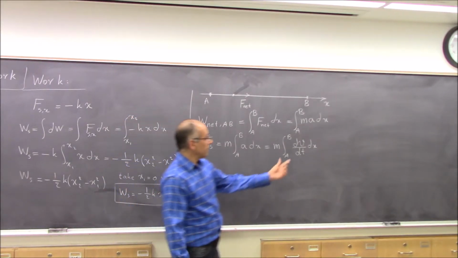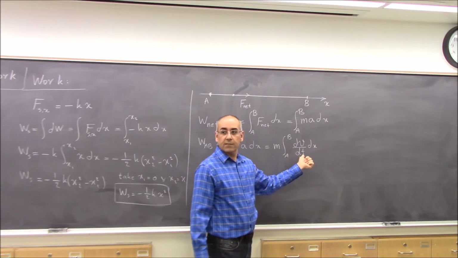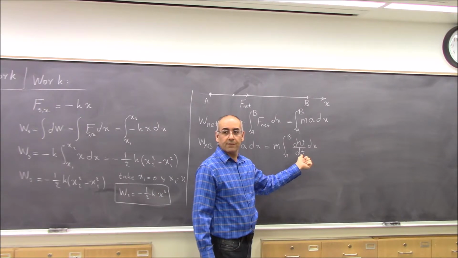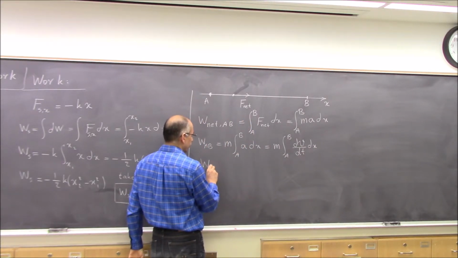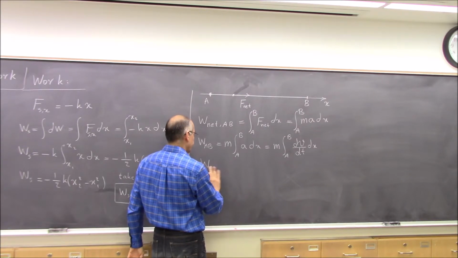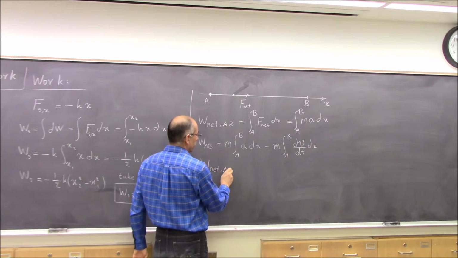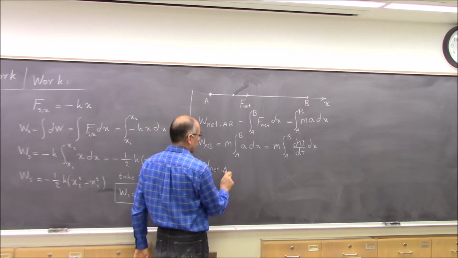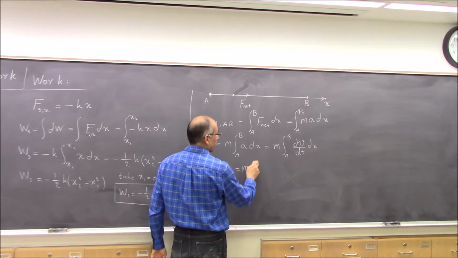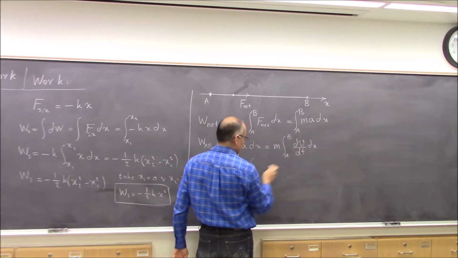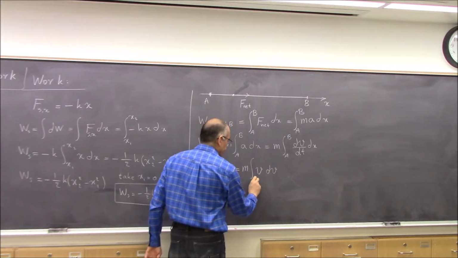And then if I put dv aside and look at dx over dt, what is that? That's velocity, that's v, right? So net work from a to b is equal to m integral of v dv from a to b.